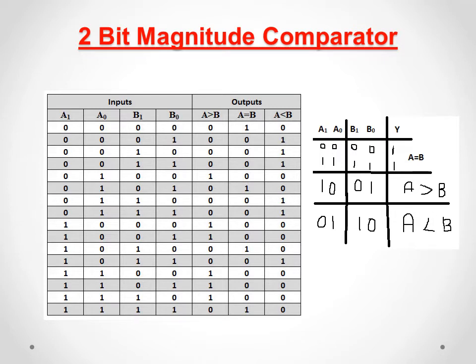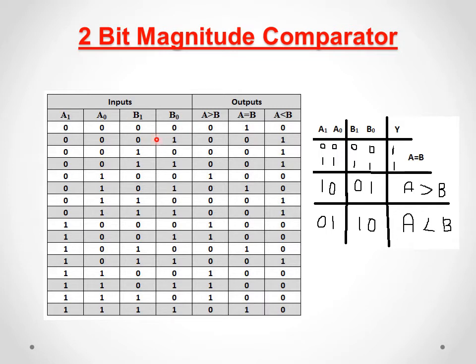Now 01 is less than 10, that means 10 is greater, so this condition is A less than B. Based on these conditions, we write the output values for the three outputs. For the first condition, both are 00, so A equal to B is 1.